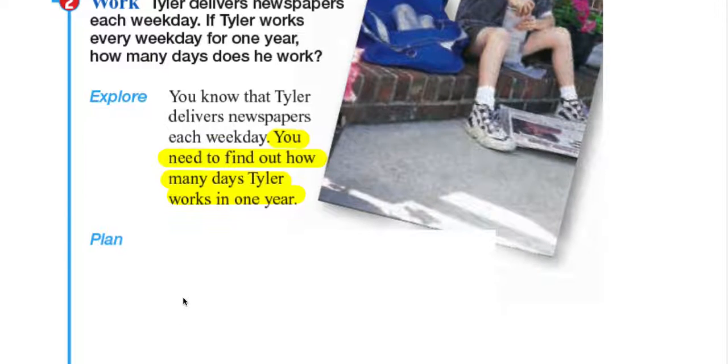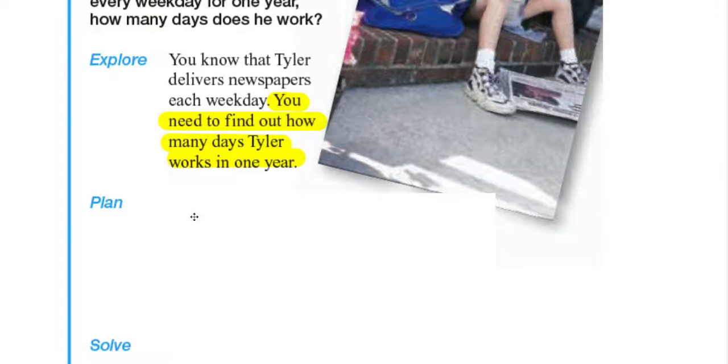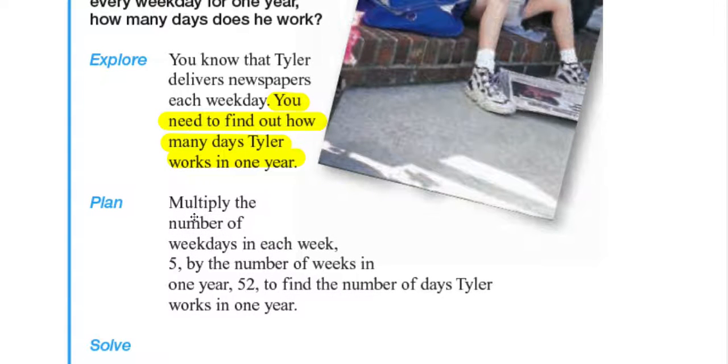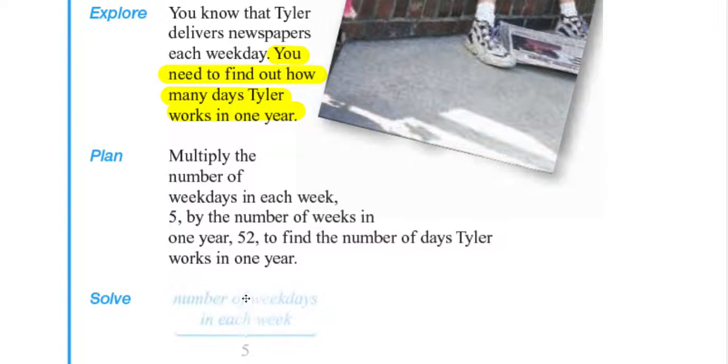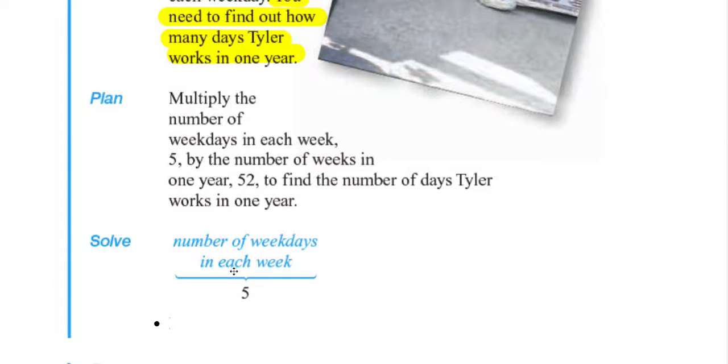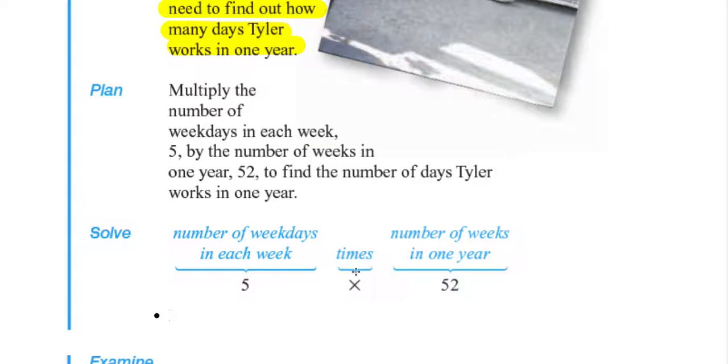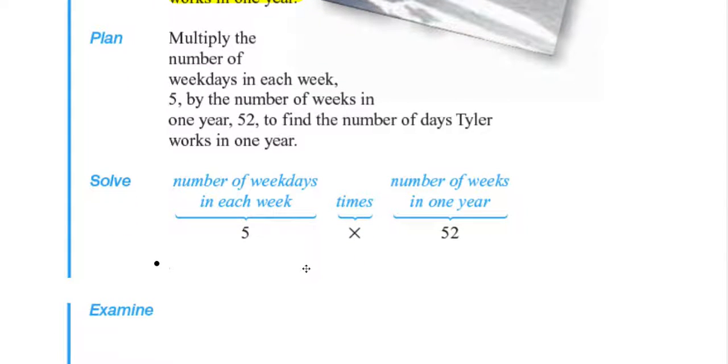So we try to plan how to solve this problem. To solve it, we multiply the number of weekdays in a week, which is 5, by the number of weeks in a year, which is 52, to find the number of days Tyler works in a year. And then we solve it. The number of weekdays in each week is 5, multiplied by the number of weeks in 1 year, which is 52.